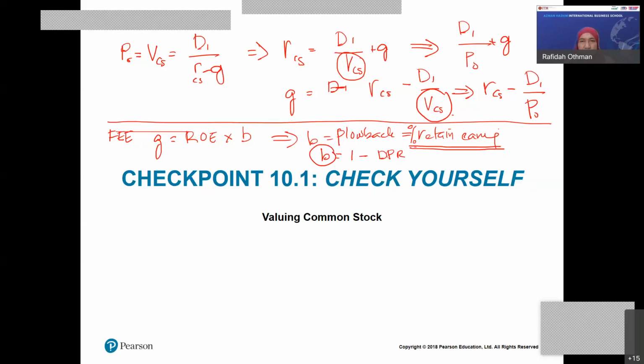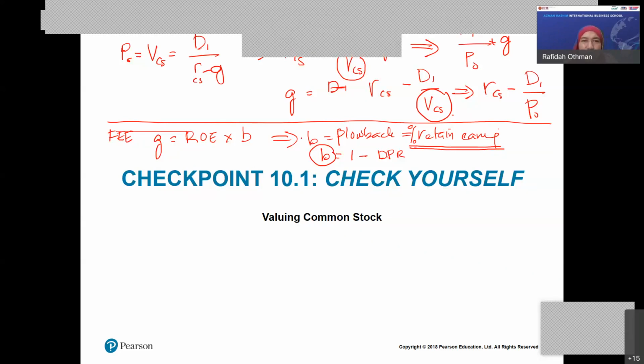Therefore, we expect this investment of the net income to lead to growth in the next dividend. That's why we use B, the plowback ratio, to calculate G.